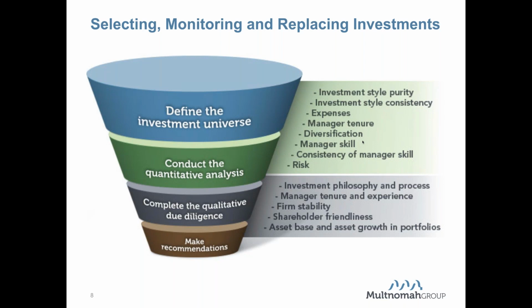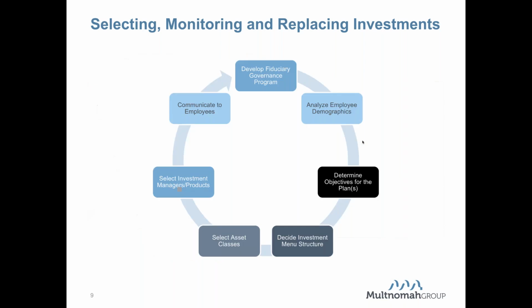Those types of qualitative assessments tend to be much more productive in reducing the frequency with which you have to change investment products, which under the new fee disclosure regulations and blackout requirements has become more and more cumbersome and time-consuming. So reducing that type of disruption is important, but it also tends to generate better performance because we're not doing the things that would cause us to cyclically hire managers at inopportune times.